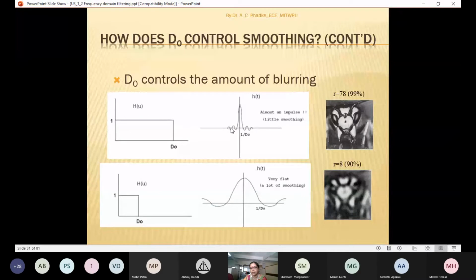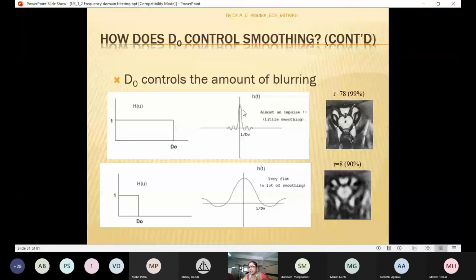Here you can observe that when we take the time domain equivalent of this sharp cutoff, you get negative and positive oscillations, and these oscillations cause the ringing effect in the picture. What is the meaning of these rings?